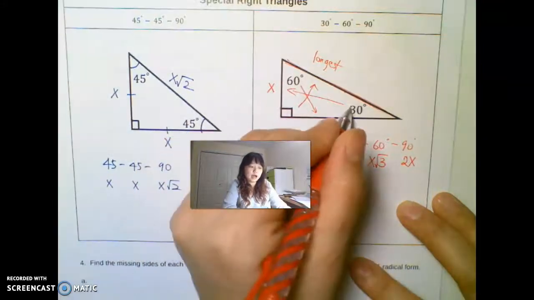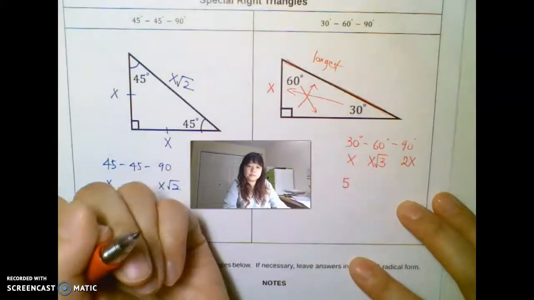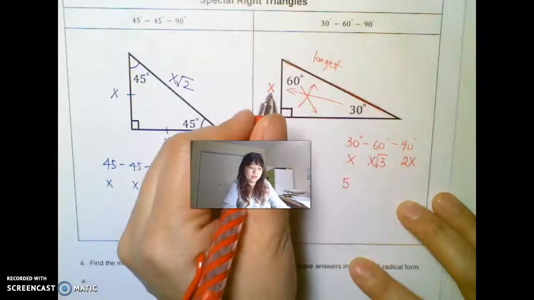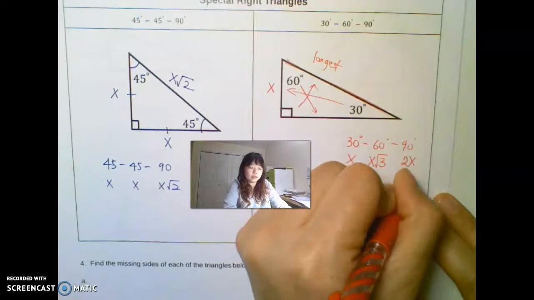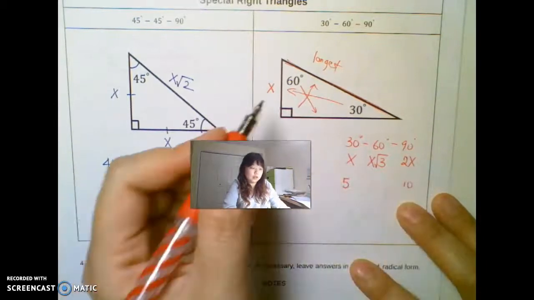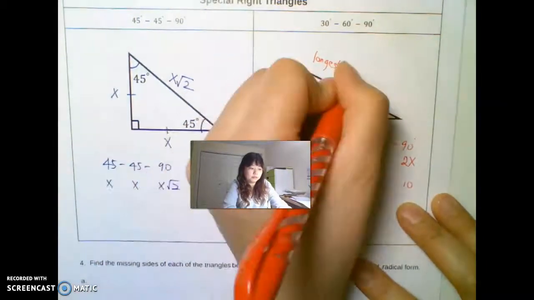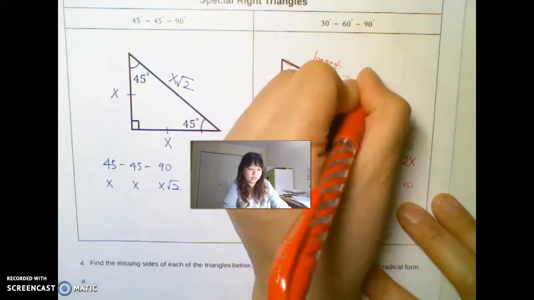So let's say opposite of 30 is 5. Then opposite of 90, the hypotenuse, the longest one, is 2 times 5, so that would be 10. Does that make sense?